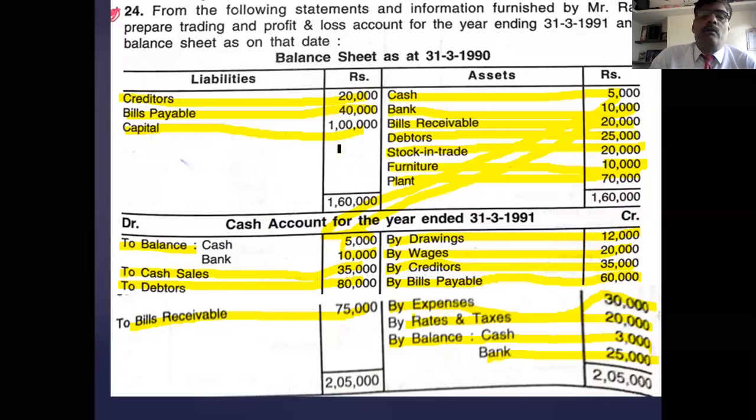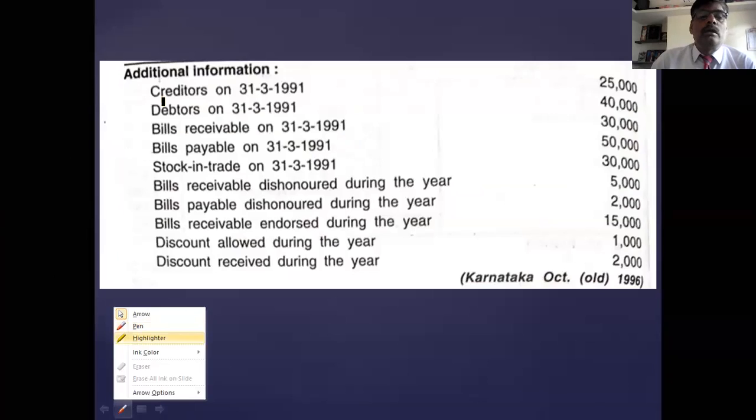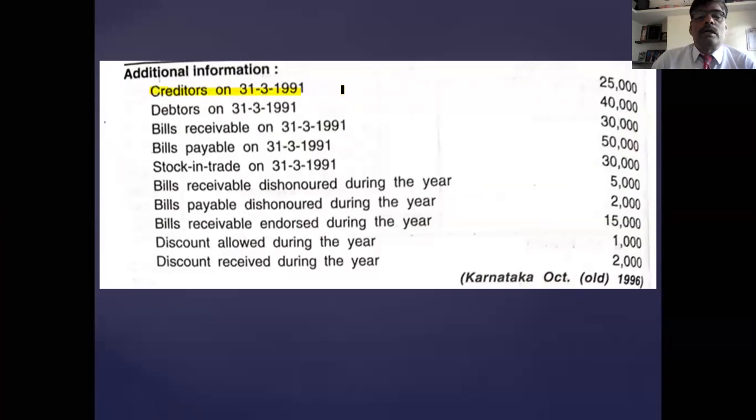Okay. Once you complete this process, go to the next part, the third part, adjustment. In the adjustment, creditors closing balance is given. Creditors closing balance goes to creditors account debit side, to balance carried down 25,000.